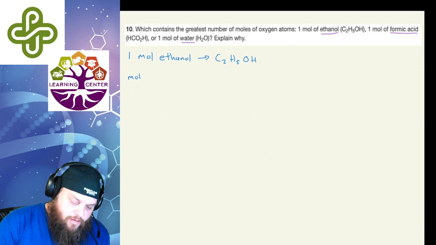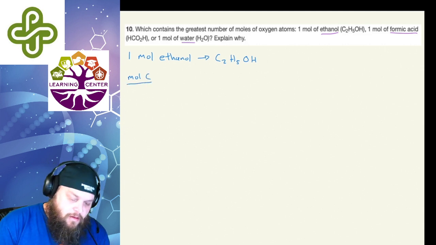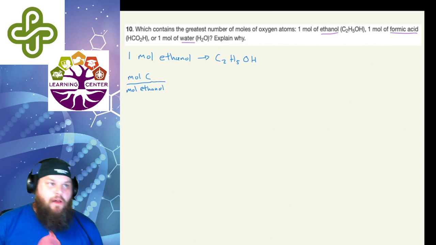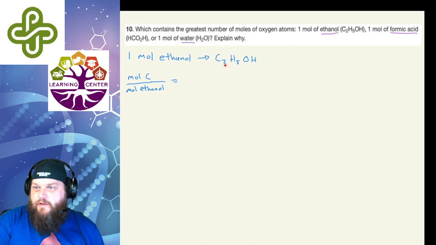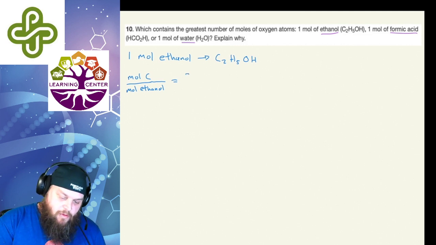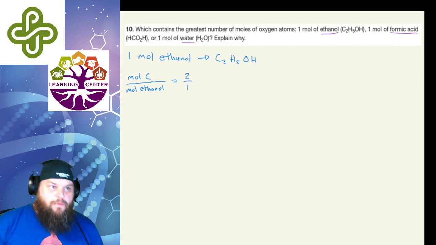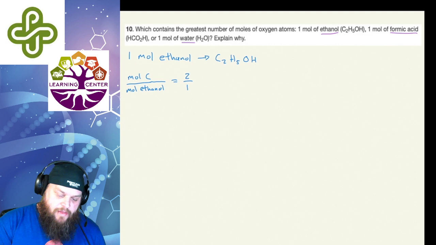First, the mole of carbon divided by the mole of ethanol. So for each mole of ethanol, how many moles of carbon do we have is what I'm asking. And the answer really just comes down to this number right there, 2. So we really have a 2-to-1 ratio for carbon to ethanol.